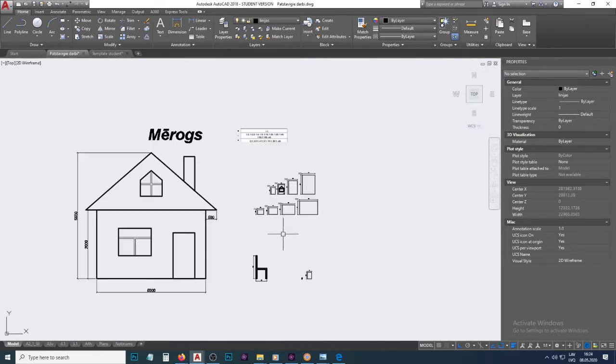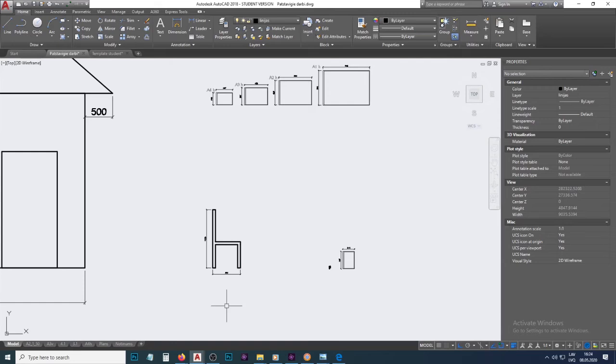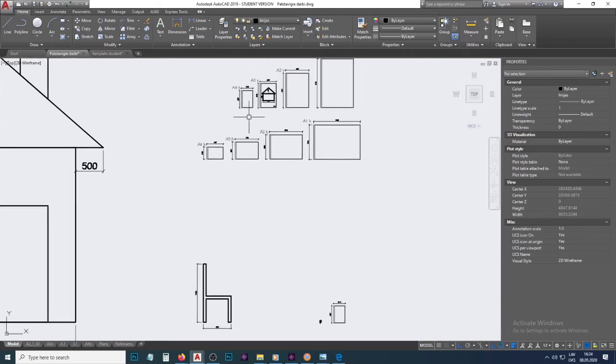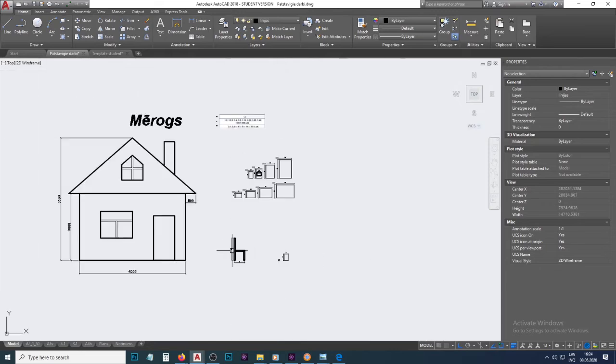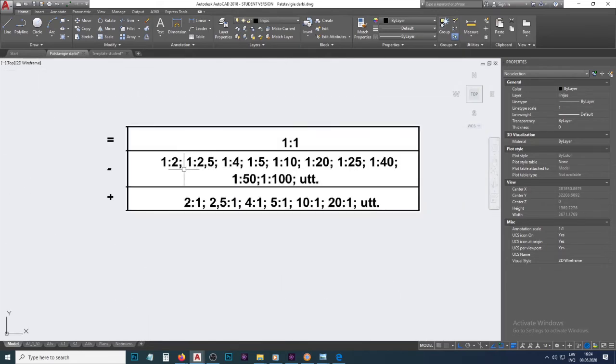So now we can go to our chair and try to put it in A4 format. So if the height of our chair is 1 meter, we can divide it by 2, but then it will be 50 centimeters. We can divide it by 4, it will be 25, but let's divide by 5.